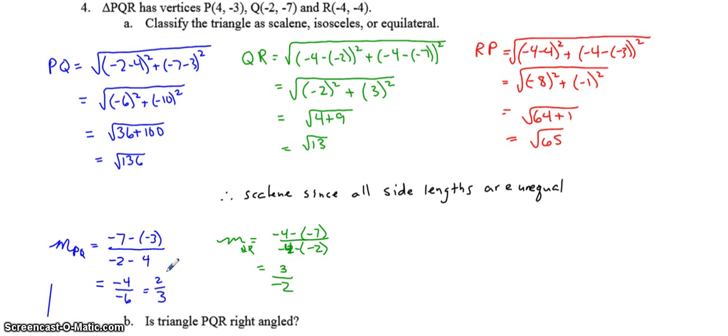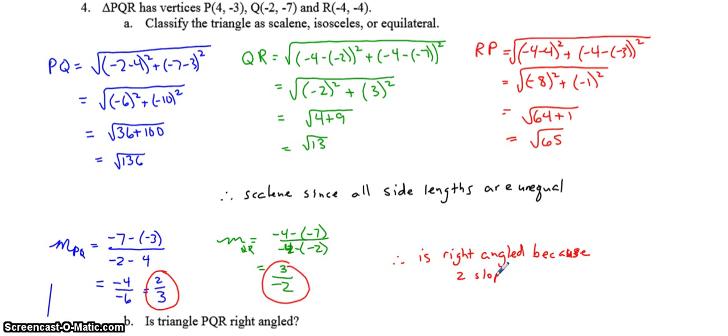And you can stop right now because we've got 2 over 3, we have 3 over 2. Therefore, this is right angled, because two slopes are opposite reciprocals. And that means two sides are perpendicular.